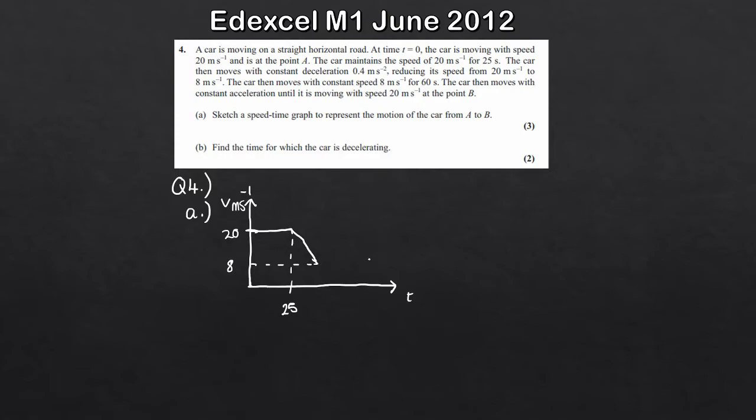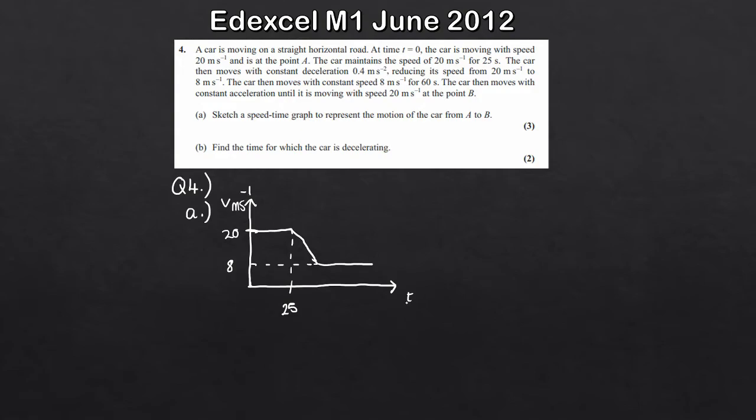And now, let's go from here. The car then moves with constant speed, 8 meters per second, for 60 seconds. So from this point here, it carries on for another 60 seconds at this same speed. That's going to be a straight line. And then finally, the car then moves with constant acceleration until it's moving with the speed 20 meters per second.